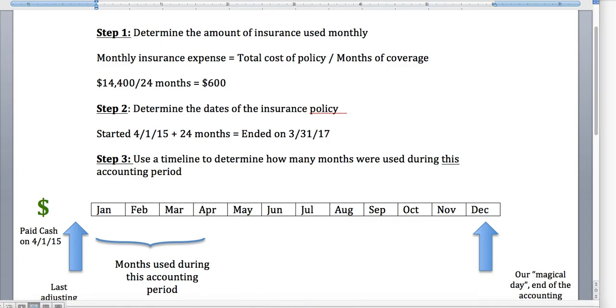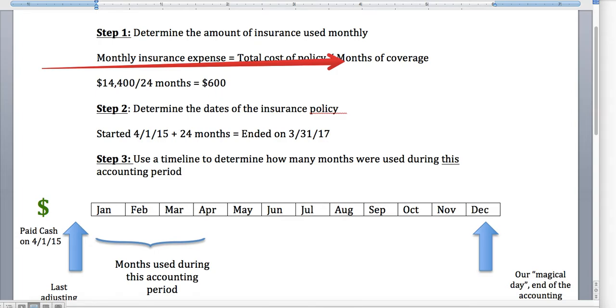First of all, step 1 says determine the amount of insurance used monthly, and that is the monthly insurance expense. So in other words, how much each month do you use up of the policy? You take the total cost of the policy divided by the total months of coverage.